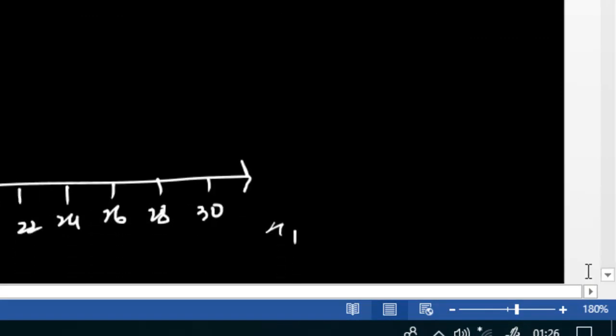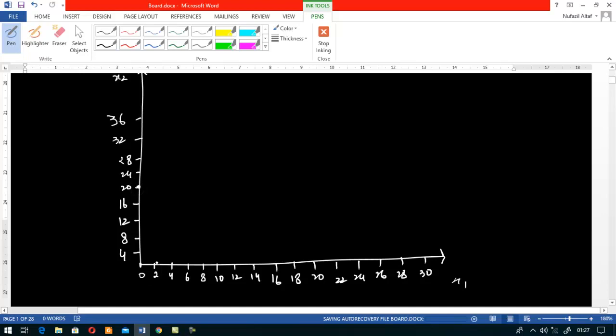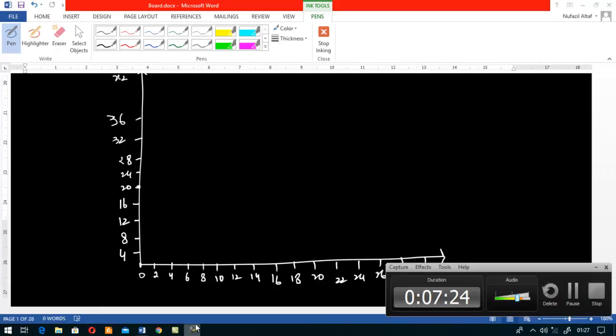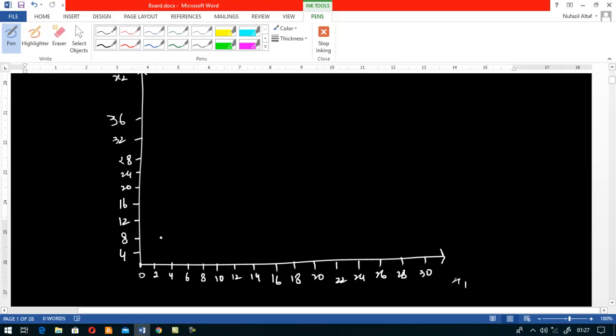Now going back, when x1 was equal to 0, x2 was how much? When x1 was equal to 0 in equation number 1, x2 was 20. So I will plot a point over here. When x2 is equal to 0, my x1 was 30. So the other point is over here.